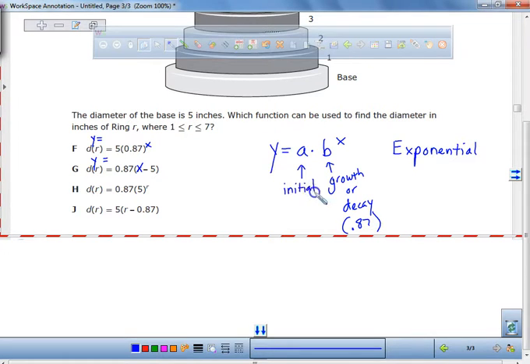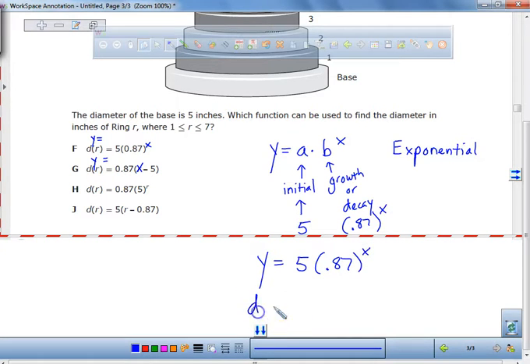The a value is what's called your initial value. What did we initially start at? We started with a 5. So the diameter started at 5, and every single time we multiplied it by 0.87. And that's going to be raised to the power of x. So our function is y equals 5, that's what it started at, multiplied by a decay factor of 0.87 to the power of x.